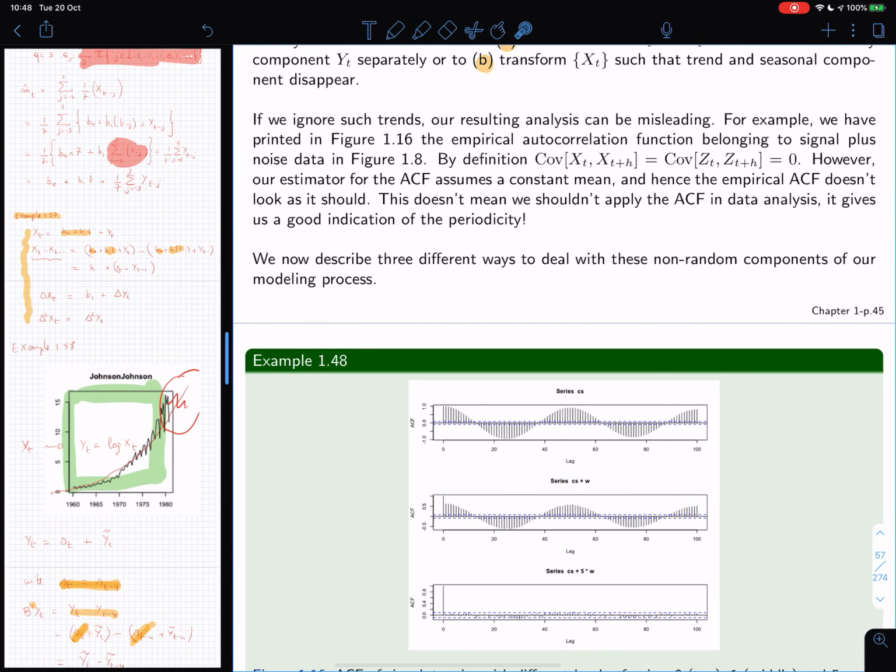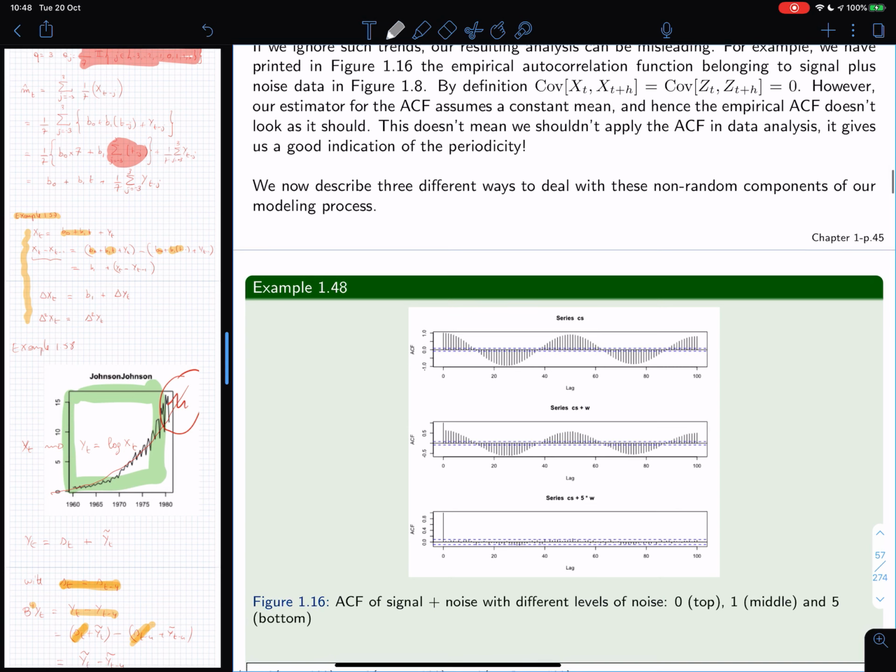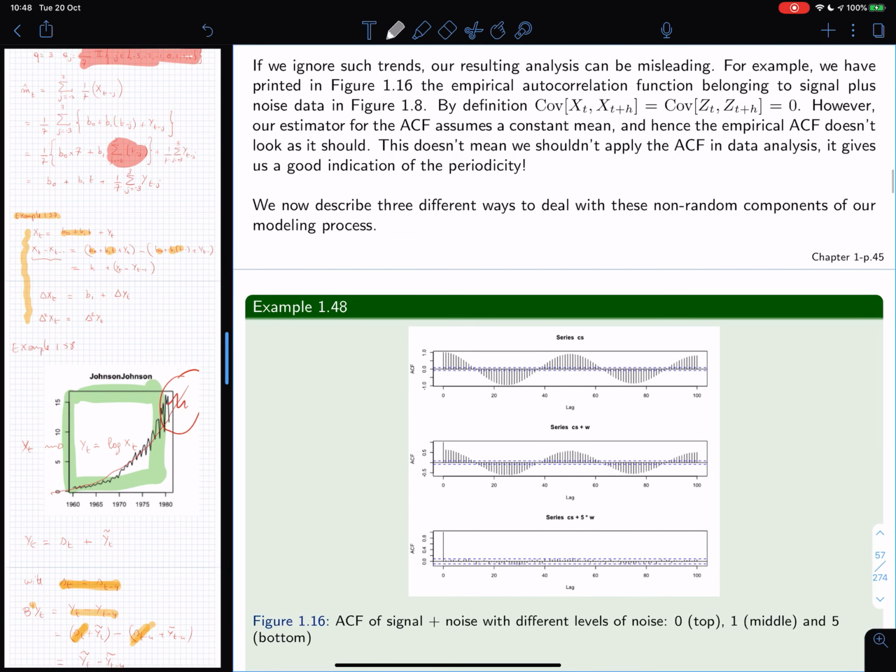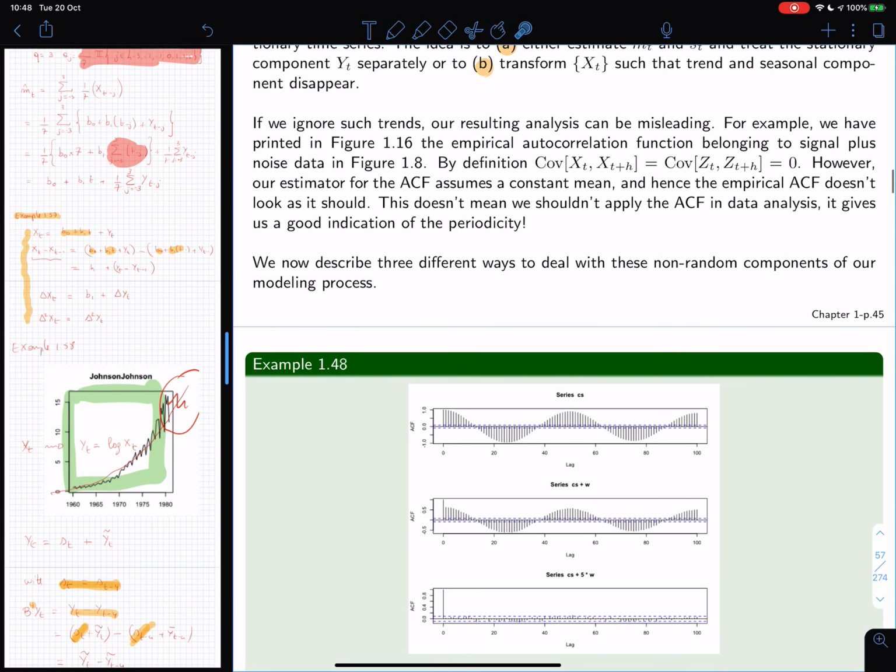This is the autocovariance of the series which was on figure 1.8. It was the series given by the signal plus noise. You had the signal, I forget what it was, cosine of something in terms of t, plus a noise.